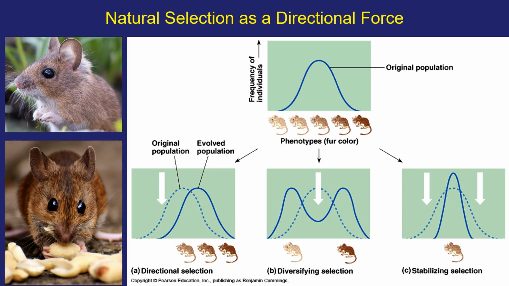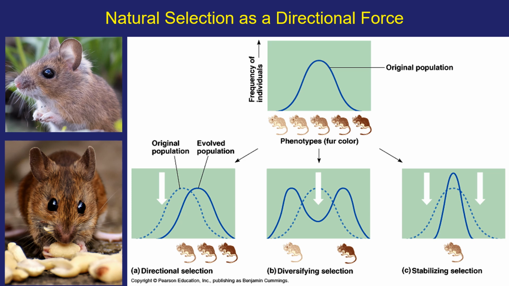That blue line, that bell curve, is showing us the distribution of colors in these mice. So most of the mice are in the middle there, that kind of medium brown. But we have a small number of variants that are very light and a small number of variants that are very dark.